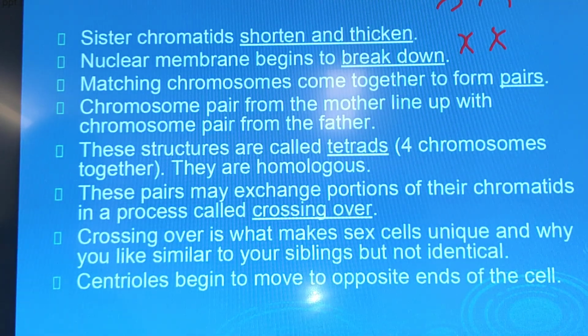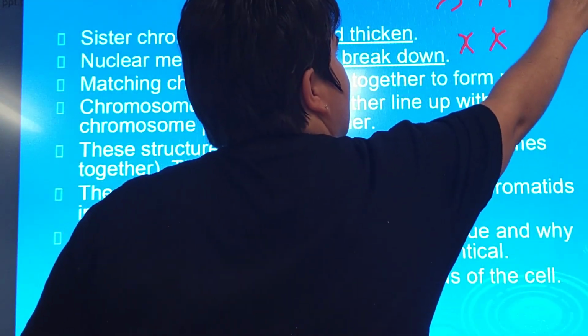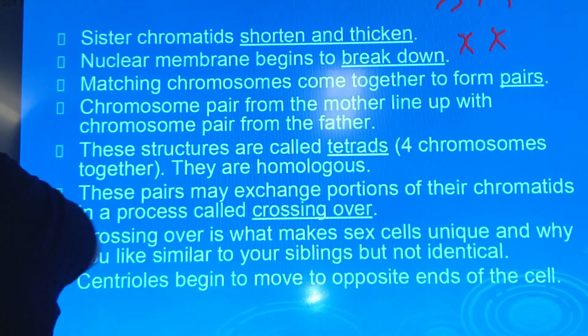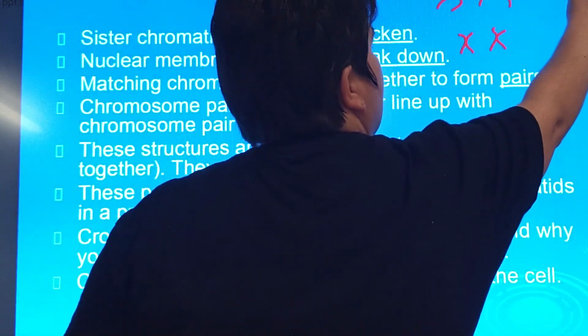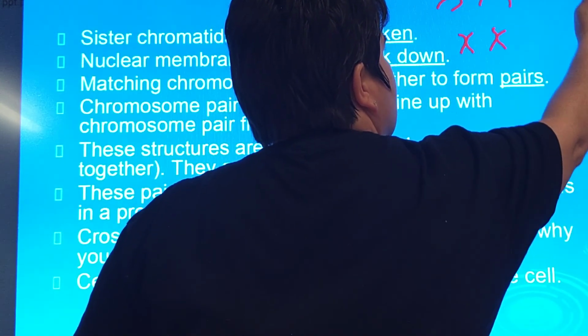So these pairs may exchange a portion of the chromatids. In the process, this is called crossing over. Okay, so right here, we may get something that looks like that. Maybe we'll just use a different color to represent the other one. They're going to kind of cross over each other. So I call it crossing over.